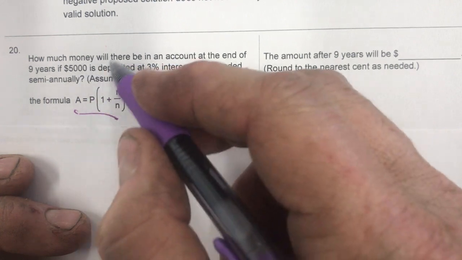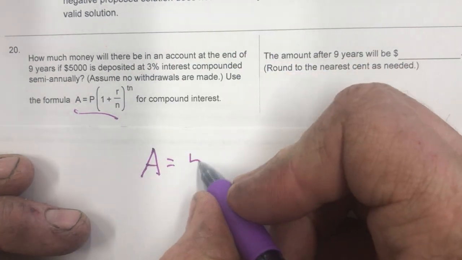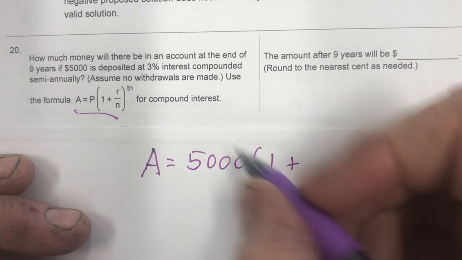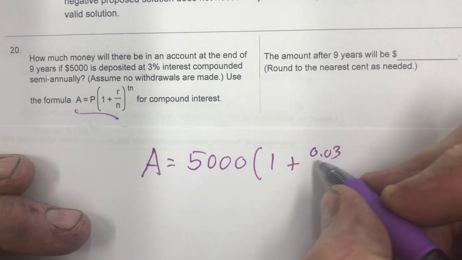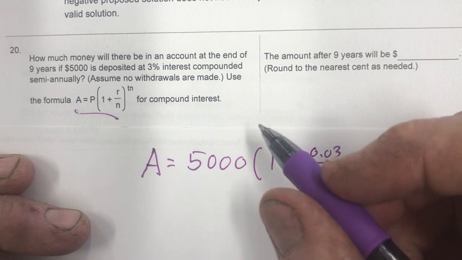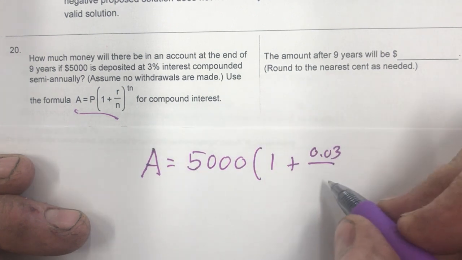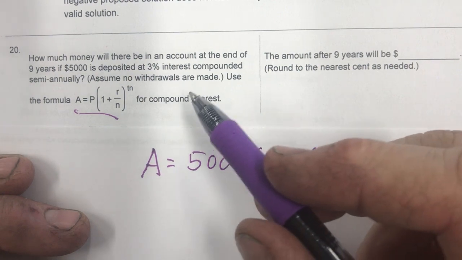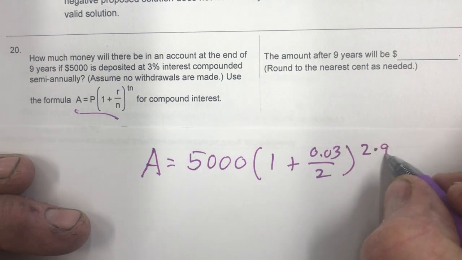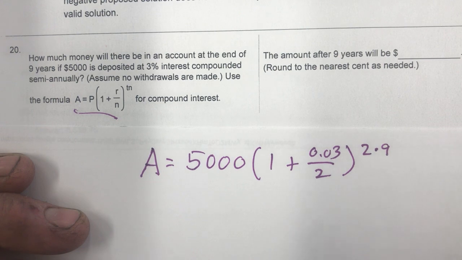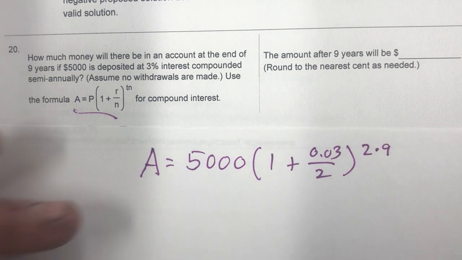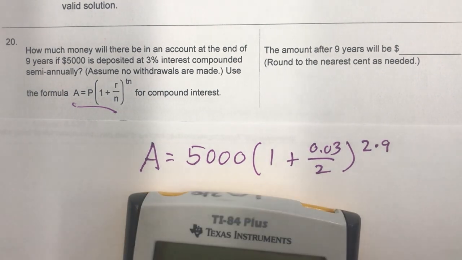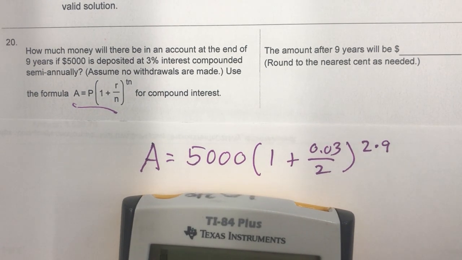There's $5,000 deposited, so that's the present value or the principal. 1 plus my rate is 0.03, and my n, it's compounded semi-annually, which means it's compounded 2 times a year. And then my t is 9 years. So there's how you set it up. Now this we can just punch into the calculator, because the variable's over here and equals all this. So you just carefully punch it in.